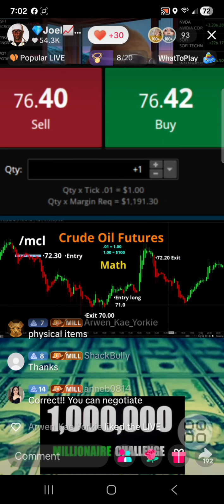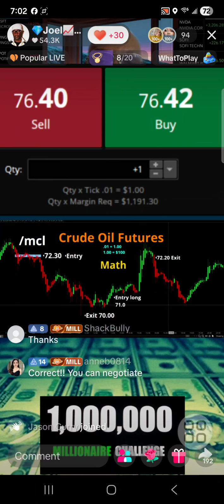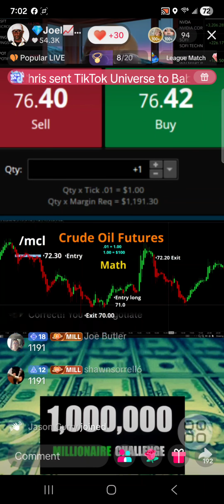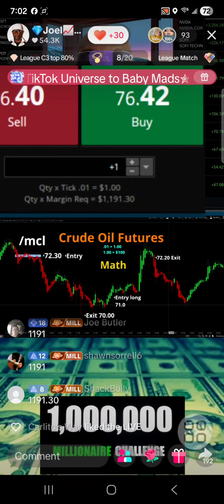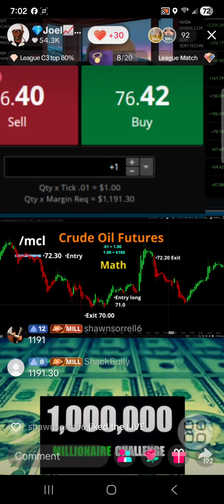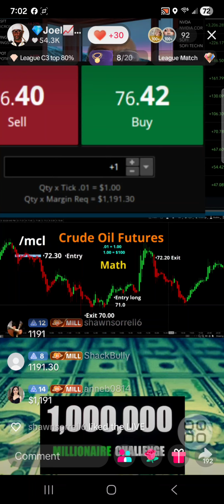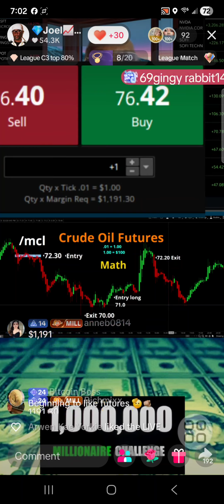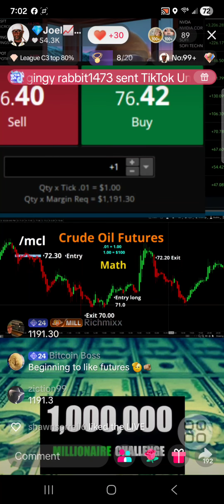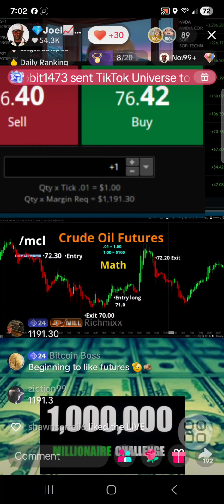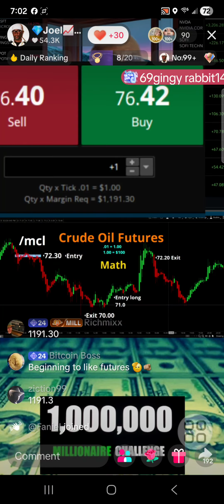I'm teaching you guys how to see this. You can see it right there in the middle of your screen. What is my margin requirement? It's going to say QTY and margin required. QTY 1, and margin REQ equal to a number.